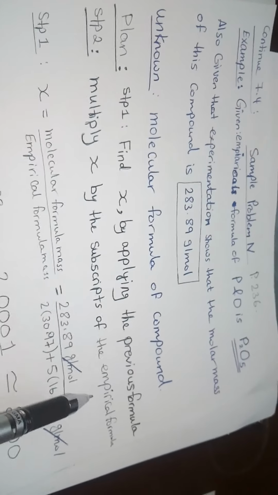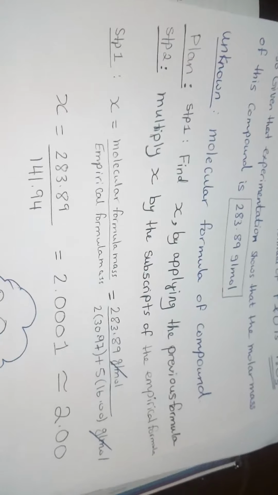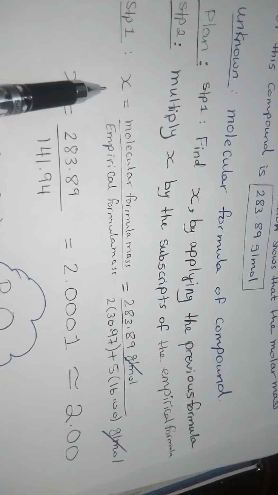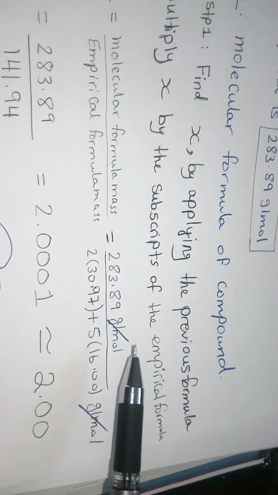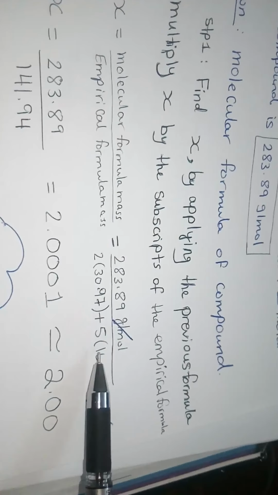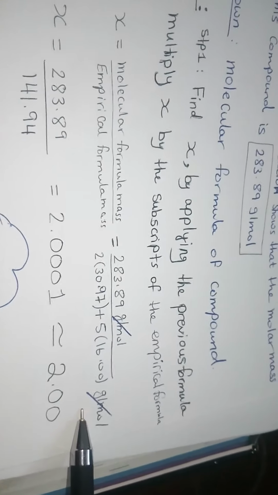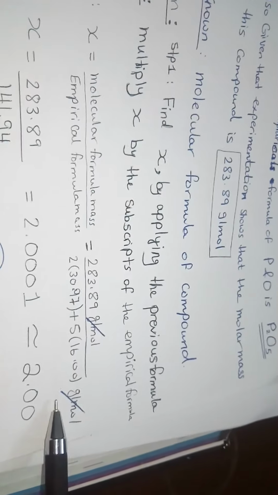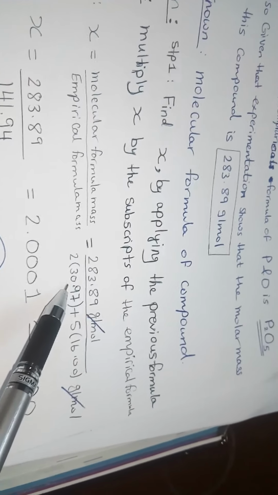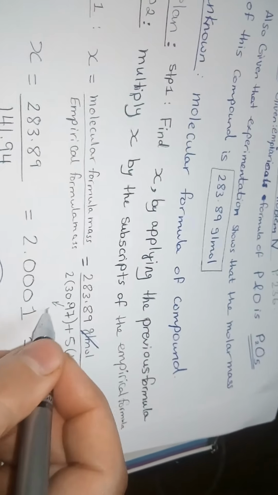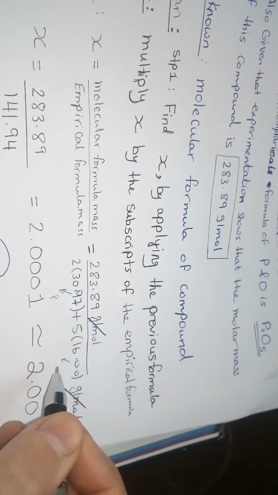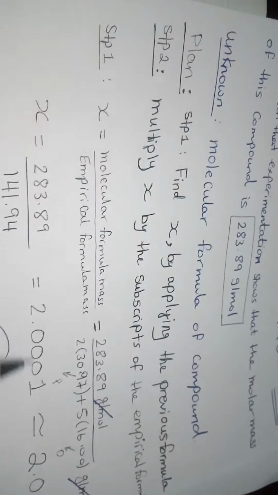And this is what we did. We're finding X over here. We divide, this is given, and we calculate this, okay? So it's for phosphorus and oxygen. We have 2 phosphorus, this is for phosphorus from the periodic table, times 5 oxygens, 16. And then we find out that X is equal to 2.